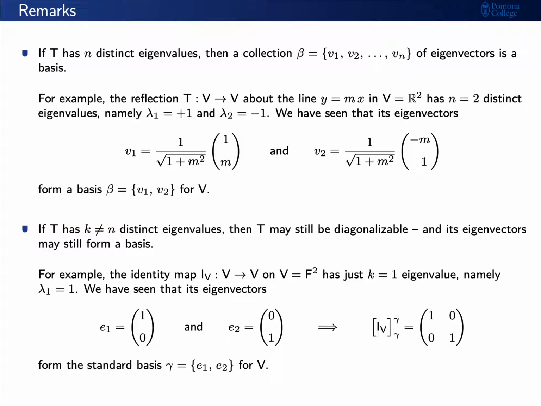This means that our transformation, I sub V, actually is diagonalizable because its matrix representation is a diagonal matrix. So again, it may be the case that T has k distinct eigenvalues with k not equal to n, but T still be a diagonalizable linear transformation.